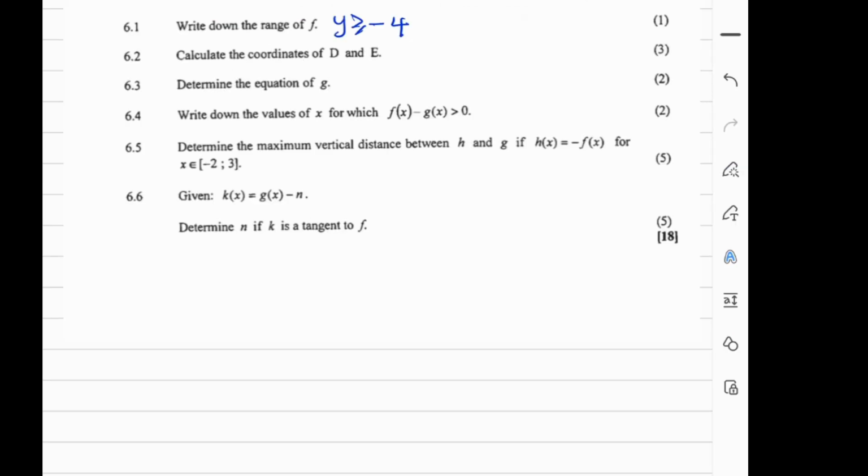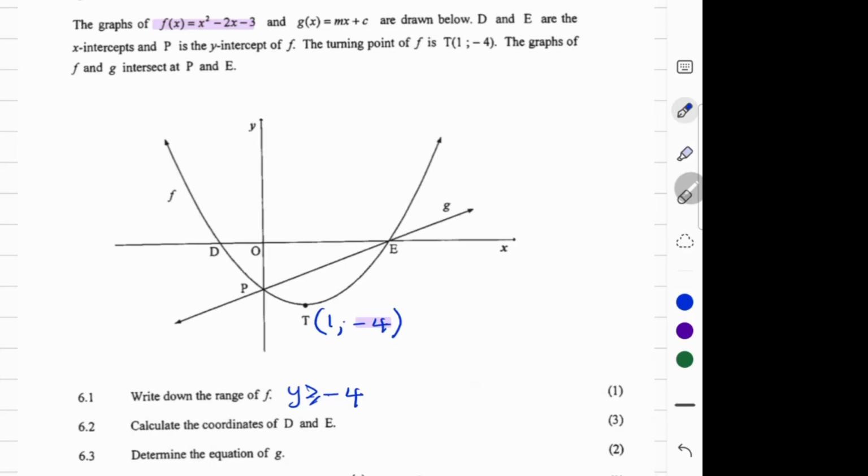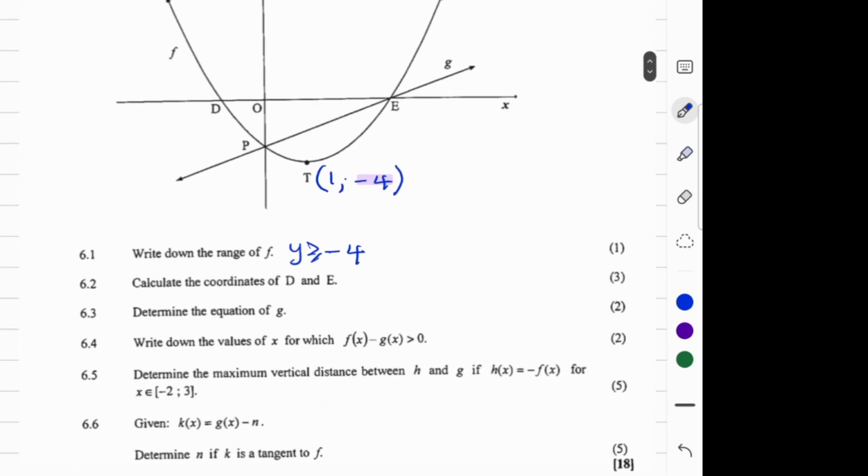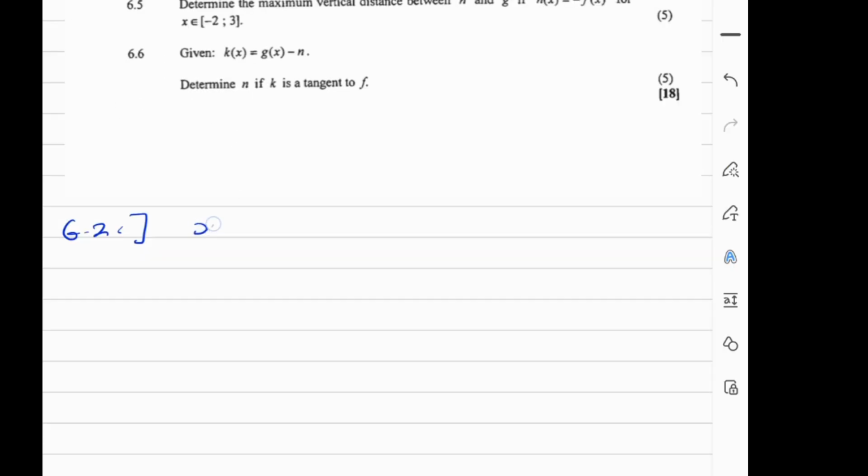And then 6.2 wants us to determine the coordinates of D and E. Now D and E are the x-intercepts of f, right? And remember that when we have x-intercepts, y is equal to 0.